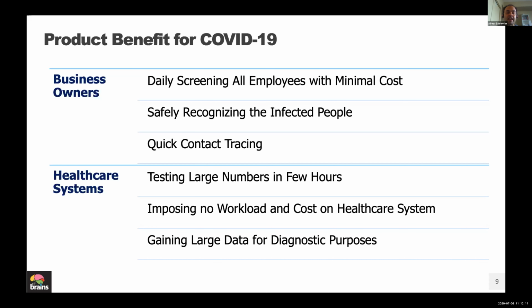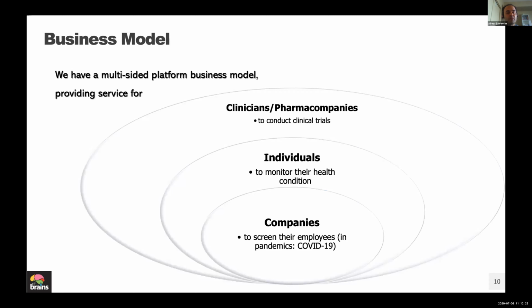It can also help the healthcare system test a large number of people quickly in just a few hours. Next slide, please. We have a multi-sided platform business model, so we can provide service for companies to screen their employees, to clinicians for their research, and to individuals for their personal monitoring and testing.